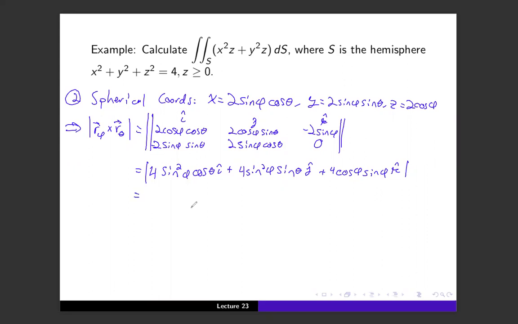So it's the magnitude of all of that, which comes out to 4 times the square root of sine to the 4th phi cosine squared theta plus sine to the 4th phi sine squared theta plus cosine squared phi sine squared phi.